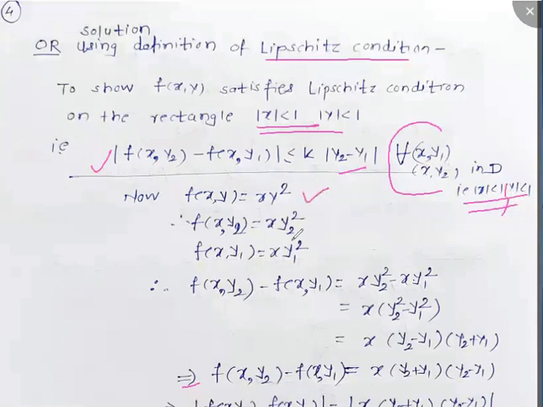So the function is x y squared. What is the value of f of x comma y2? Put y equal to y2, we get x y2 squared. Put y equal to y1, we get x y1 squared. So the difference f of x comma y2 minus f of x comma y1 is x y2 squared minus x y1 squared. x is common, y2 squared minus y1 squared factors as y2 minus y1 times y2 plus y1.